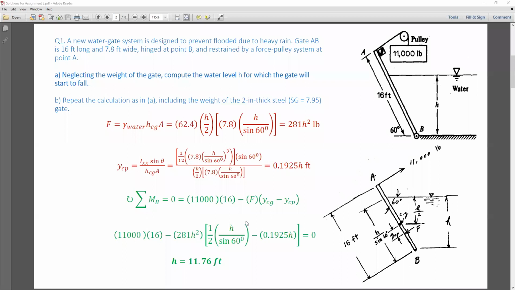One thing that I would like to highlight is that for question number 1 and question number 3, when you want to calculate the summation of moment, in this case, summation of moment at point B, YCG minus YCP. Okay, YCG minus YCP.